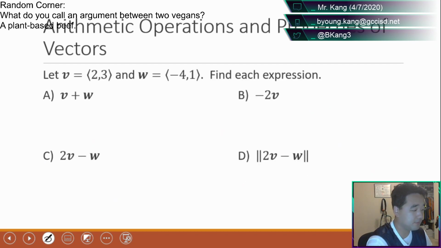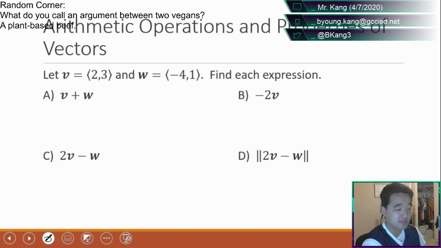Okay, so let's do actual operations with vectors. So we're not drawing these anymore, we're actually finding them. So v is a position vector, w is a position vector. We can add them together, so v plus w. Again, you could draw the picture and figure it out if you want. You could slide w over to the end of v.